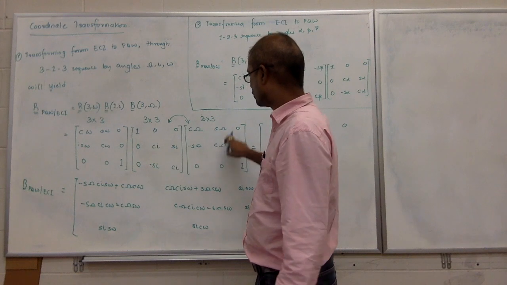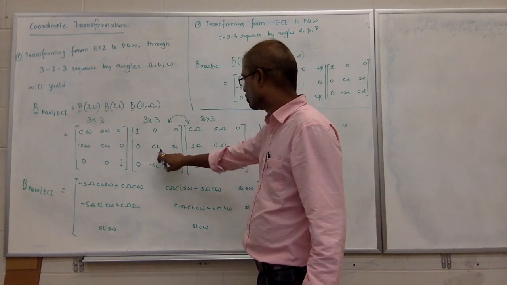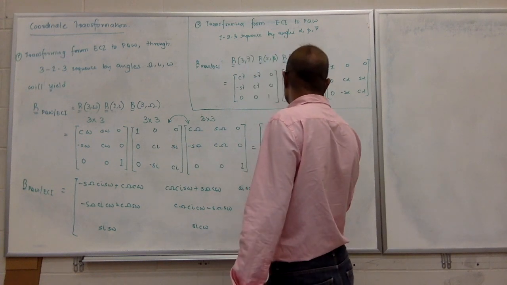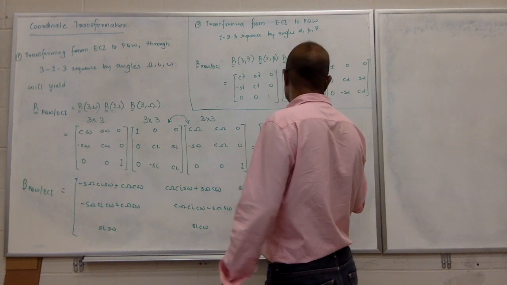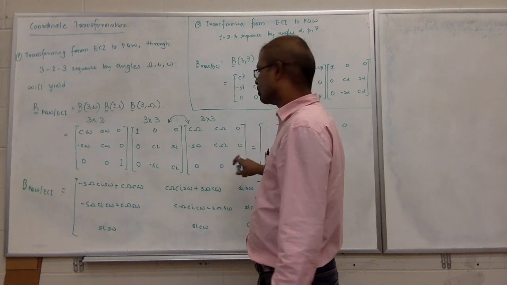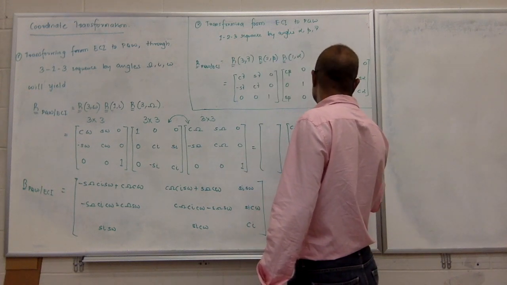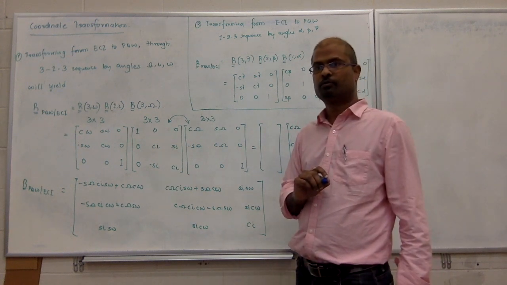Second row, second column: 0 into this, cosine I into cosine omega. So this will be cosine I cosine omega. And then 0. Finally, second row, third column, you get sine I. You got it?